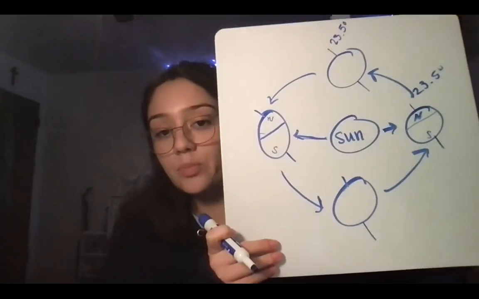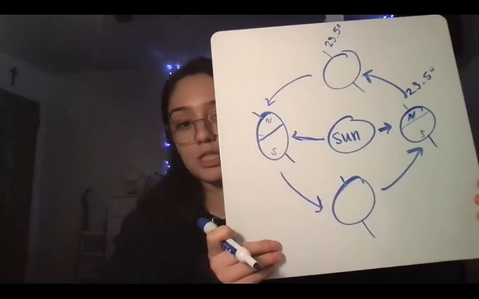So that's a little bit of summer and winter for you, but it gets trickier because we have two lines of latitude.